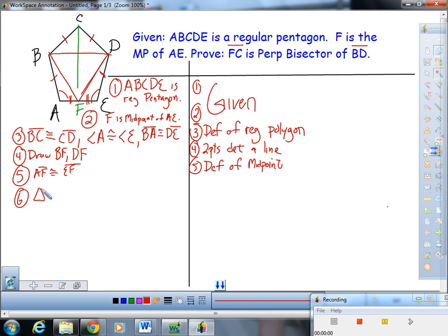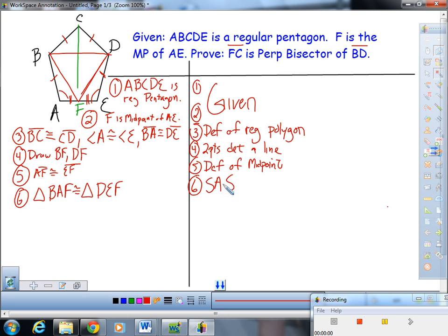Triangle BAF, make sure I get the order correct, is congruent to triangle DEF, by side angle side.